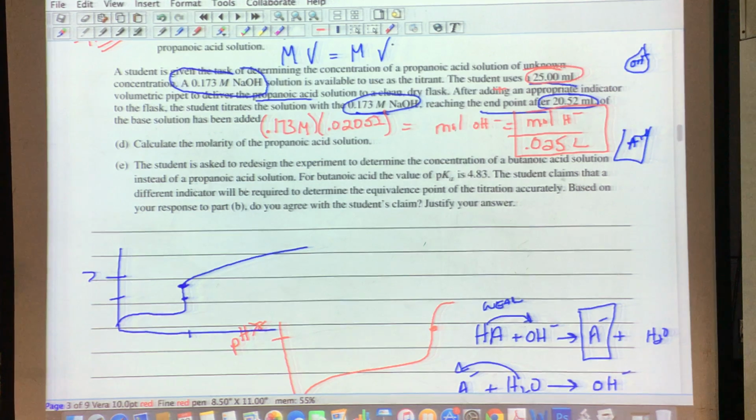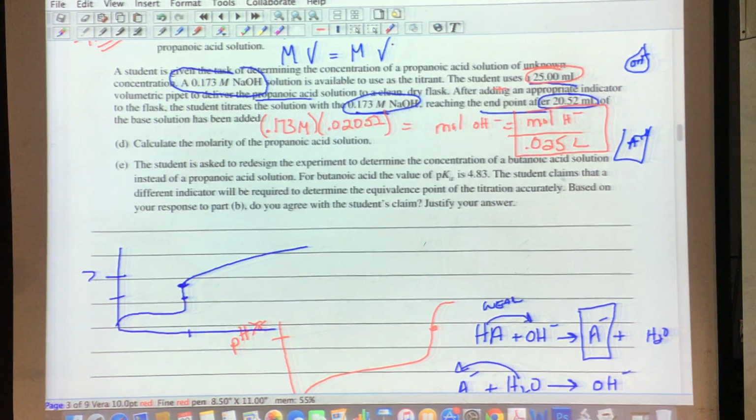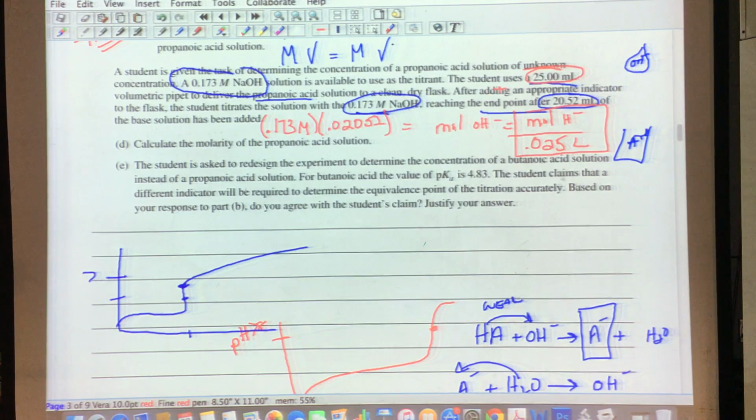Essentially, it's the same thing as above. So I'm going to take my 0.173 times 0.02052. This gives me 0.0035 moles.